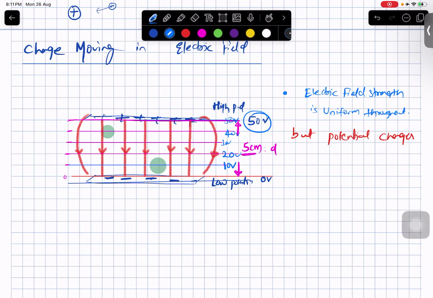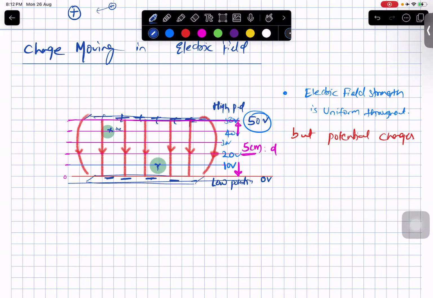If this is X and this is Y, which one will be at higher potential and which at lower potential? The higher potential would be the 40 volt, X, and the lower potential will be 10 volt. If X is a positively charged particle, it will be forced downward.